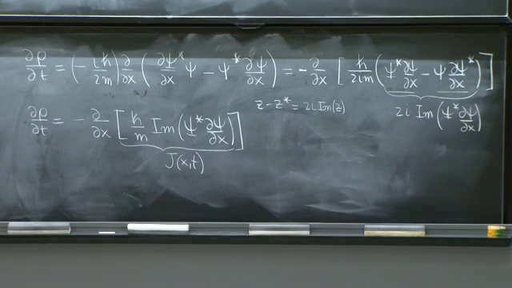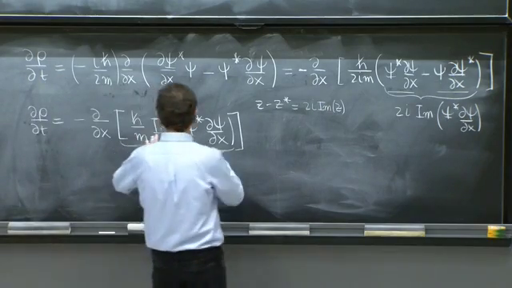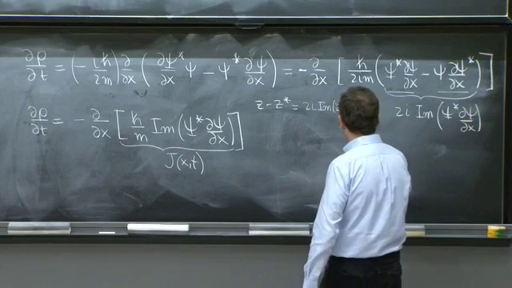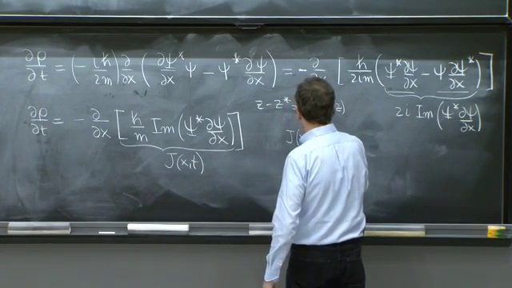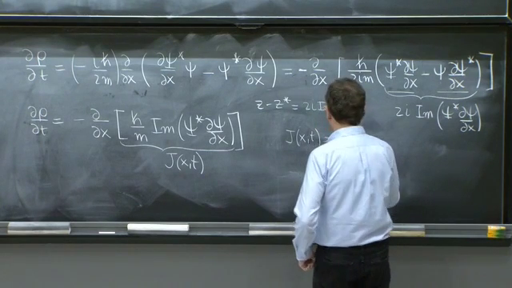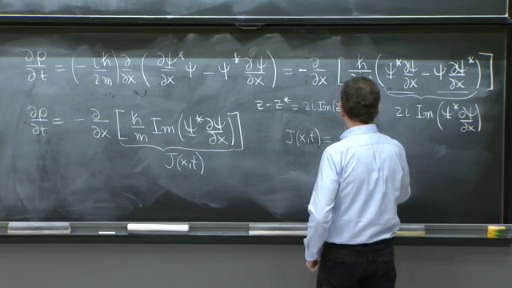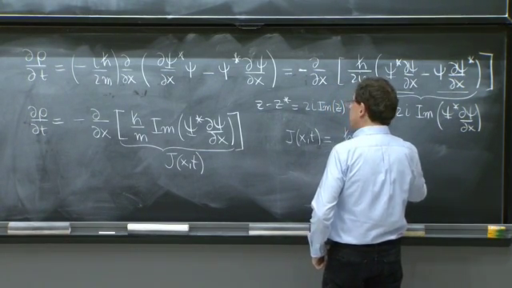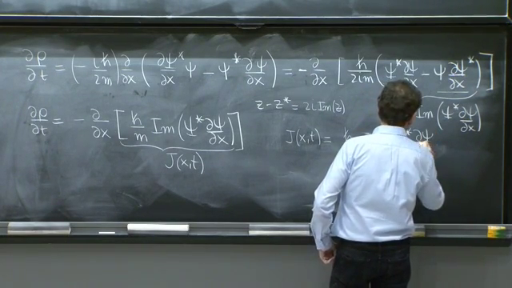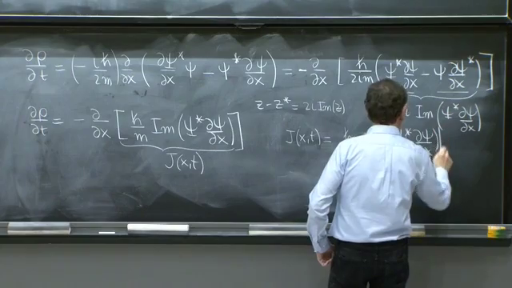So the current density, you say, why the current density? We'll see in a minute. But let's write it here because it will be very important. J of x and t is h bar over m, imaginary part of psi star d psi dx.